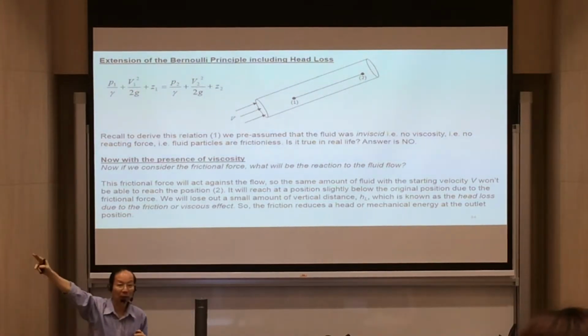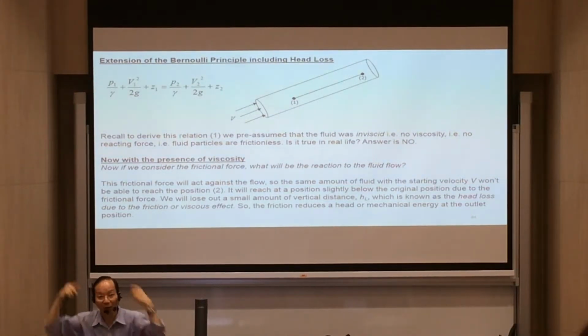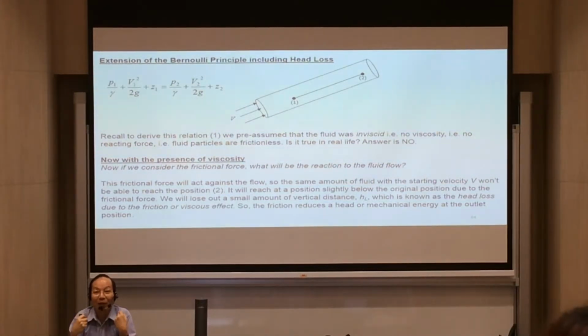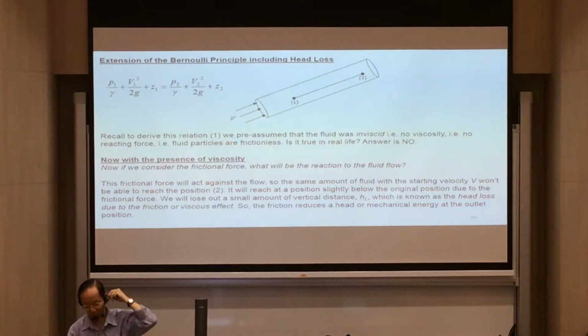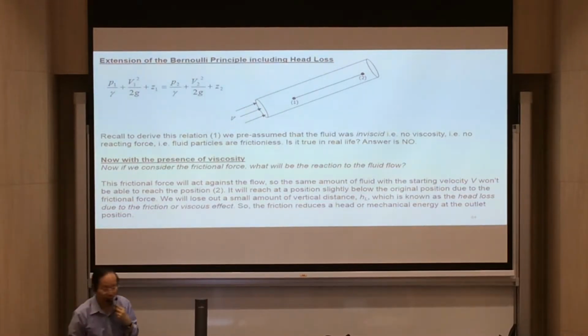When you reach the hilltop, you're not at the same energy. You're less, you're hungry already. A lot of energy was used to climb, to overcome the slope friction. So at point 1 and point 2, the energy level is different.